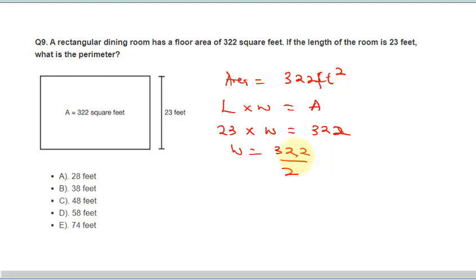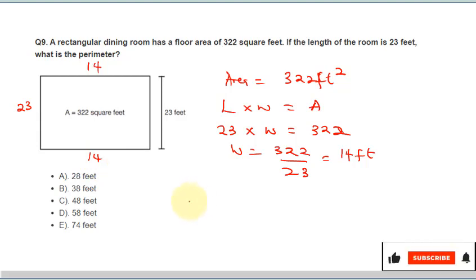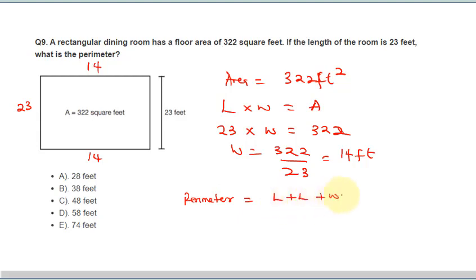When you do 322 divided by 23, you are going to get 14 feet. So having established that, here it's going to be 23 and here it's going to be 14. So what's your perimeter? Perimeter means summing up all the sides, which is length plus length plus width plus width.